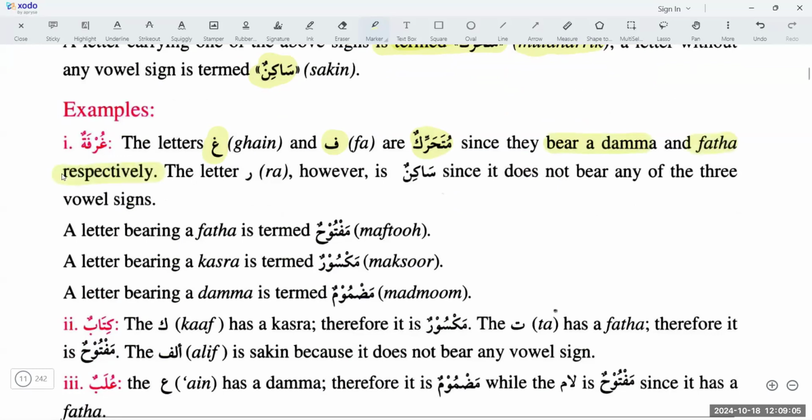The letter ra, however, is sakin. In ghurfatun, ra is sakin because there is no vowel above the ra. Since it doesn't bear any of the three vowel signs, it is a sakin letter.